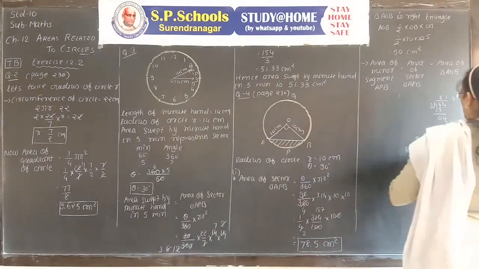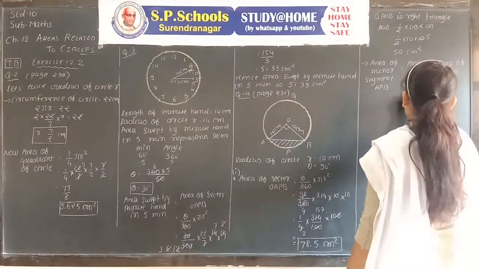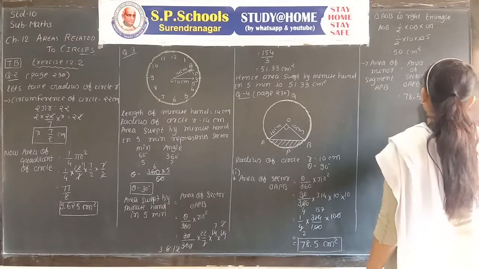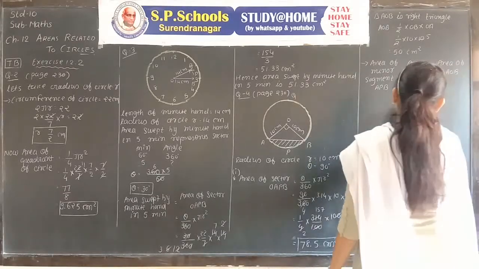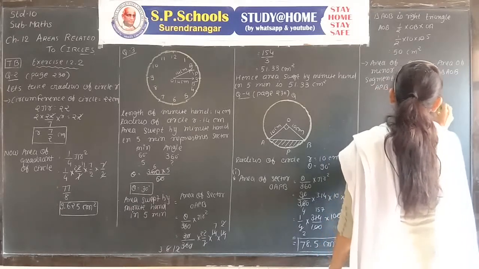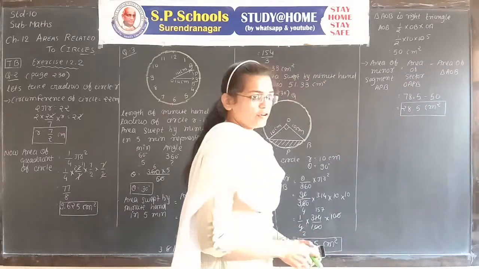The area of the sector is 78.5 and the area of the triangle is 50. 78.5 minus 50 is 28.5 centimeter square. It is the area of the minor segment.